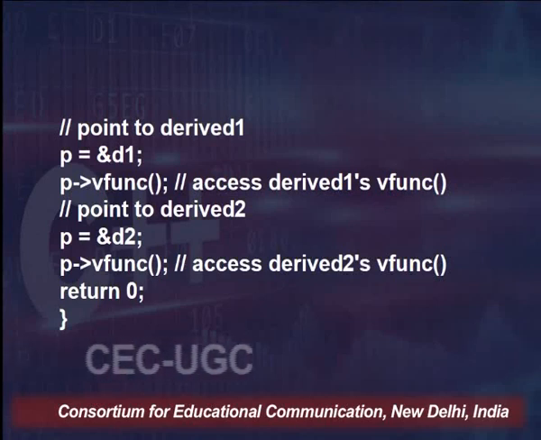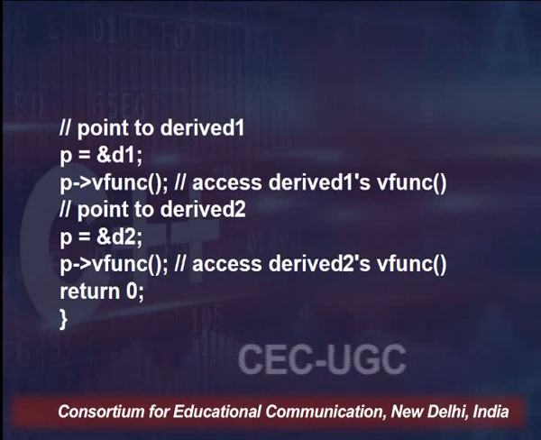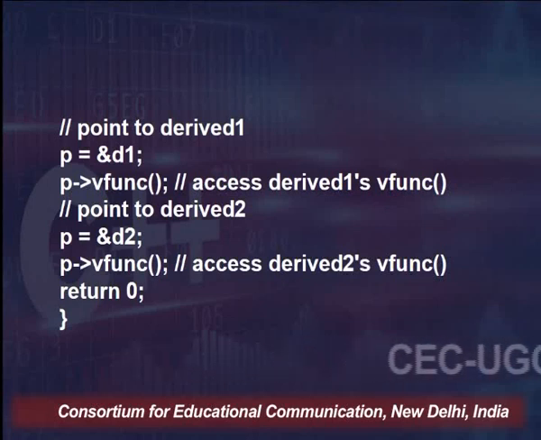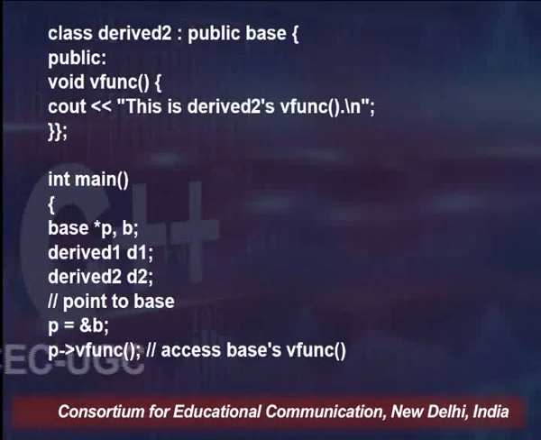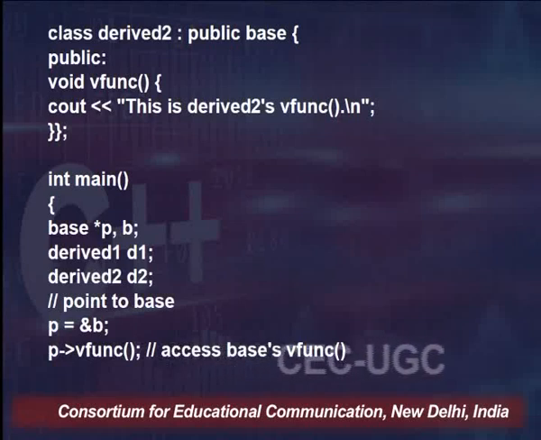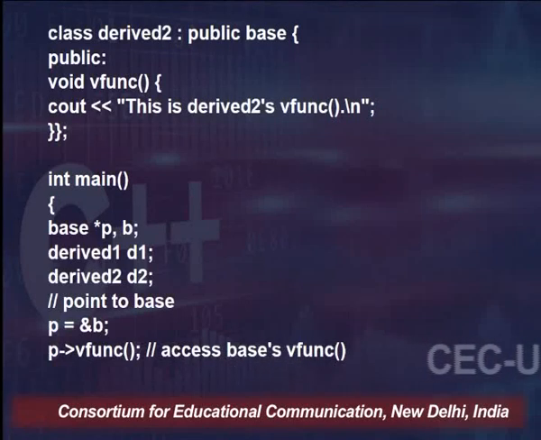Now if we look at this main function in a comprehensive manner, what has happened? We have one base pointer and 3 objects: of the base class, derived class 1, and derived class 2.